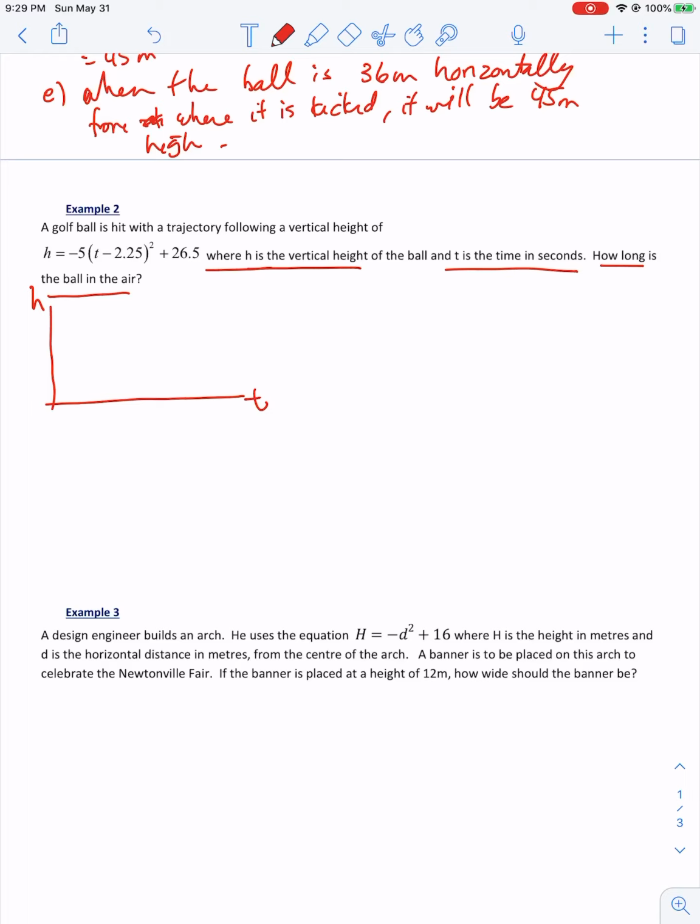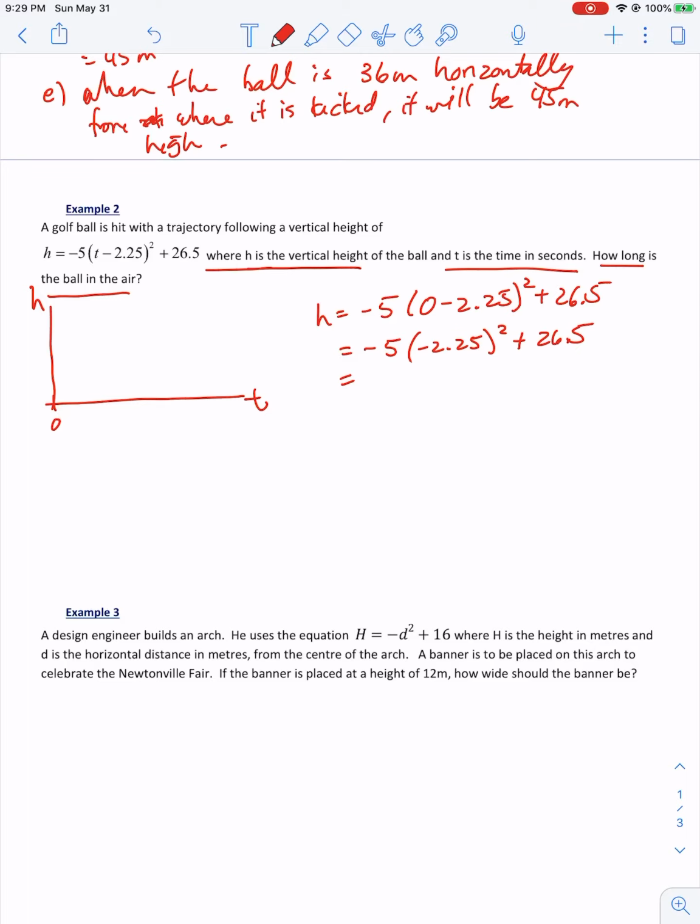So h, that means we want h to equal, so it's going to start somewhere. So at time t equals 0, this is t equals 0. That's negative 5 times negative 2.25 squared plus 26.5.